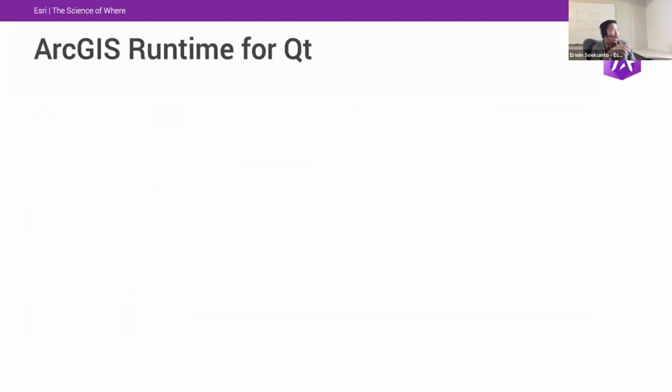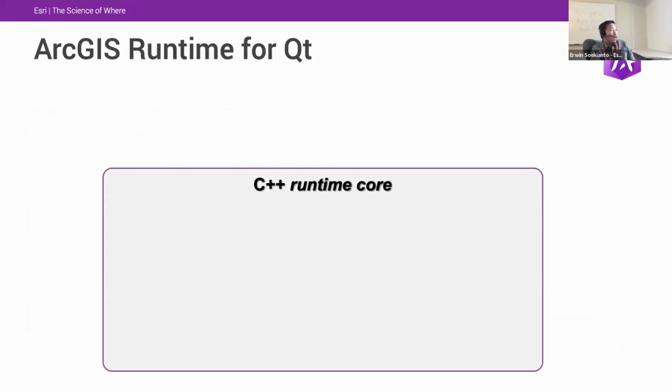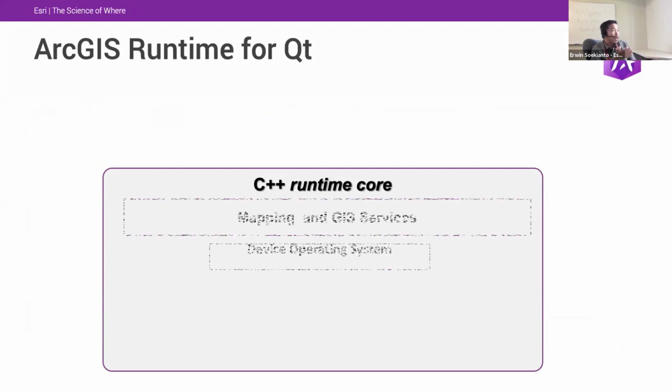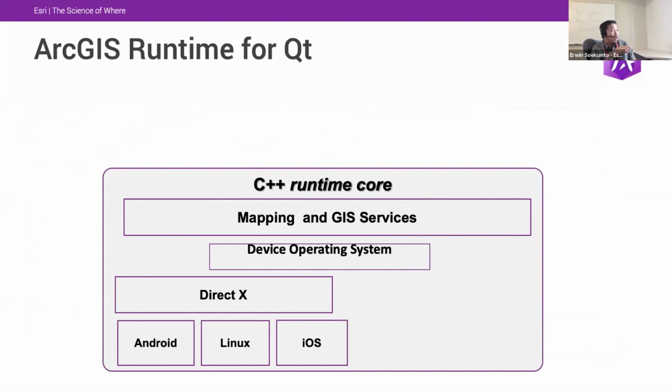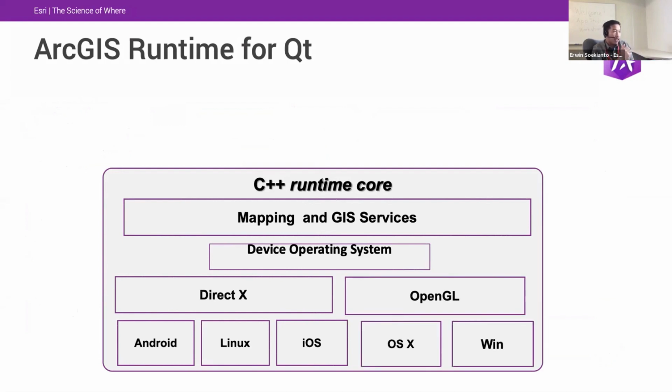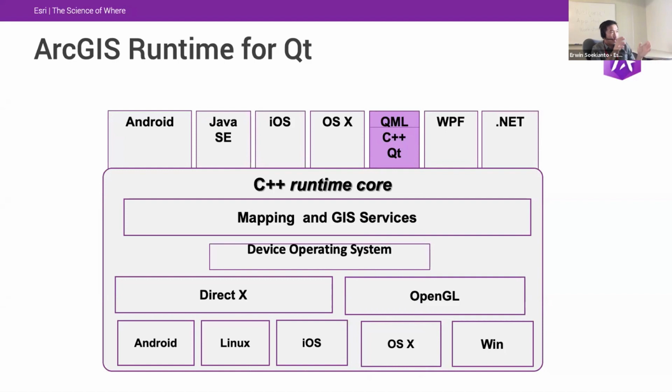So if you're not aware, ArcGIS Runtime also has a C++ base underlying it, and they added their own mapping and GIS services, and then ArcGIS Runtime itself supports many languages. They support Android, Linux, iOS, Windows, and they support Java, WPF, .NET.